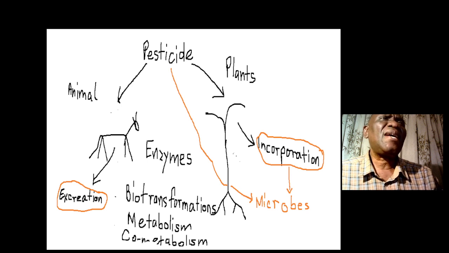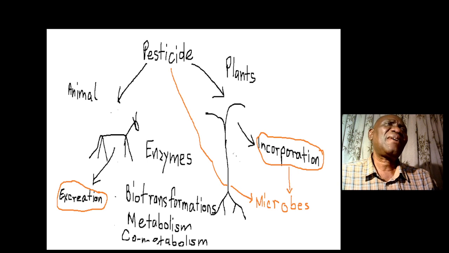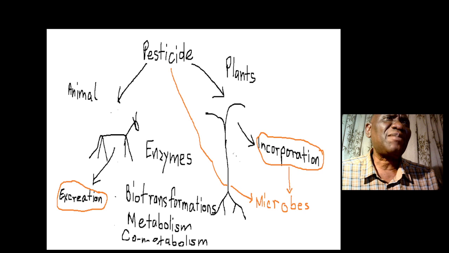Now, what happens thereafter inside the organism is that the pesticide is going to meet some enzymes within the organism, and these enzymes facilitate certain biotransformations, which we may call metabolism or co-metabolism. These are basically biochemical reactions.